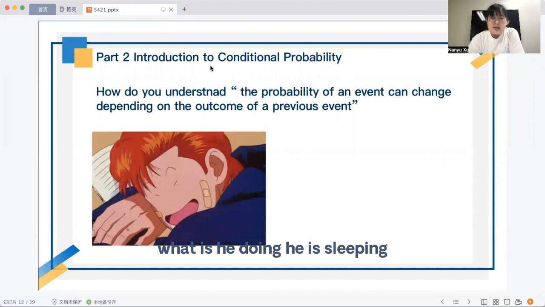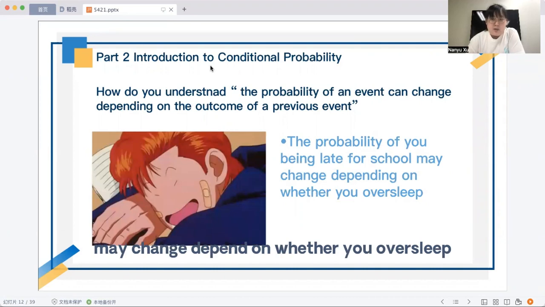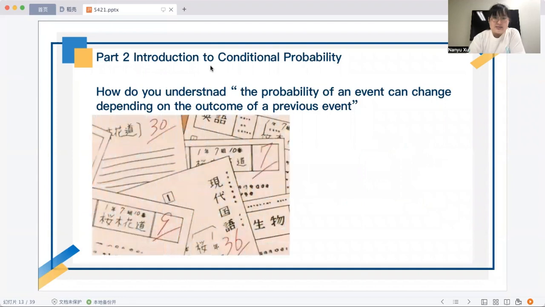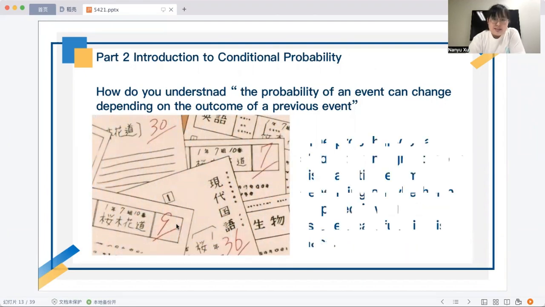What is he doing? He's sleeping. And the probability of you being late for school may change depending on whether you oversleep. We can also see his test scores.